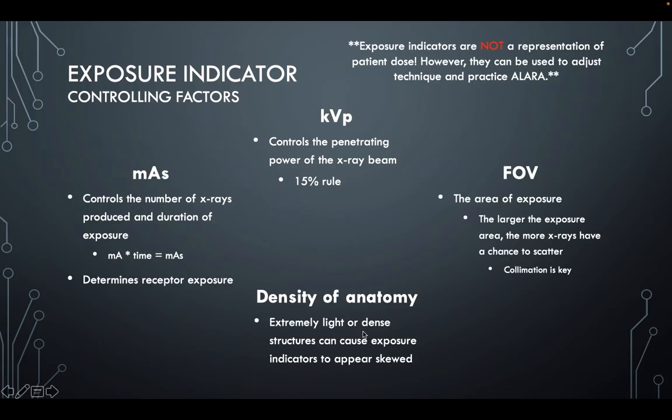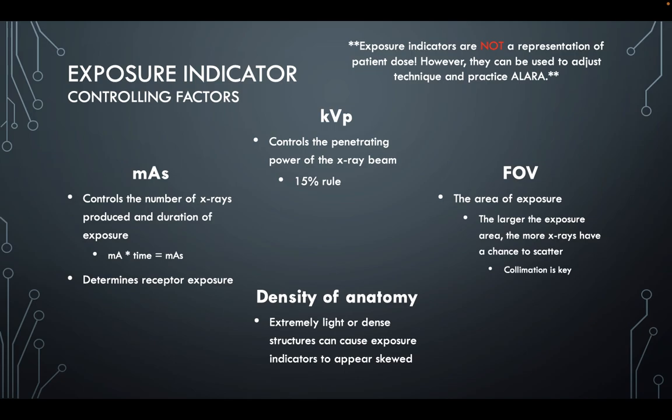And then your density of anatomy. Extremely light or dense structures can cause exposure indicators to appear skewed. So let's say I took an x-ray of a patient, I was x-raying their hip. And I set a technique for what I would normally shoot a hip at, but this patient is incredibly osteoporotic.